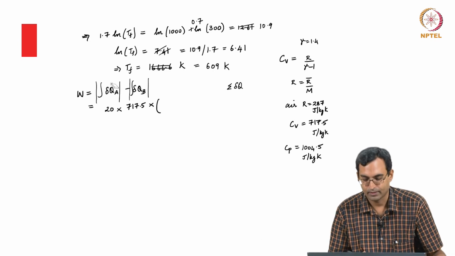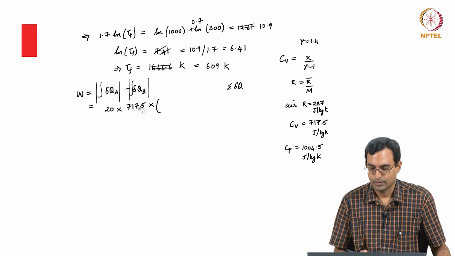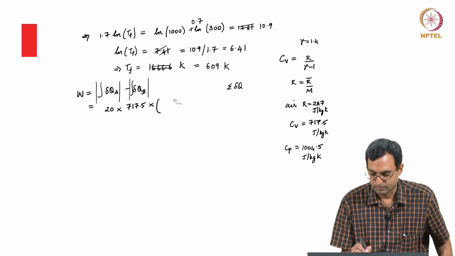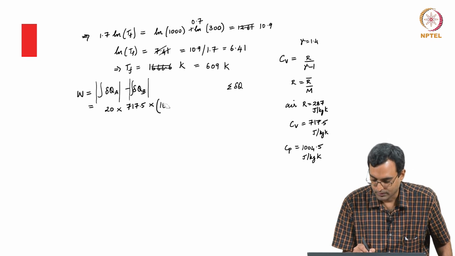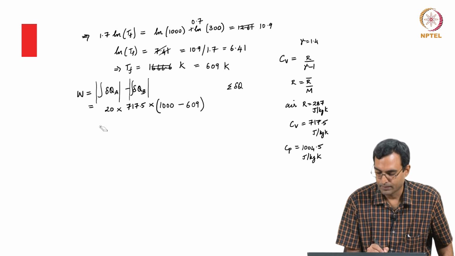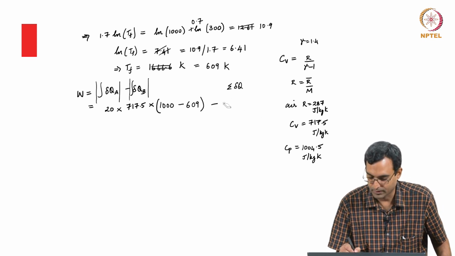So, I had Ma into CVA, so that is mass of air into CV into the final temperature minus the initial temperature, but I have a mod anyway, so I will take the difference. So, I will take initial minus final because I want a positive value. I have already taken out the negative sign here, so I should have a positive value here also.